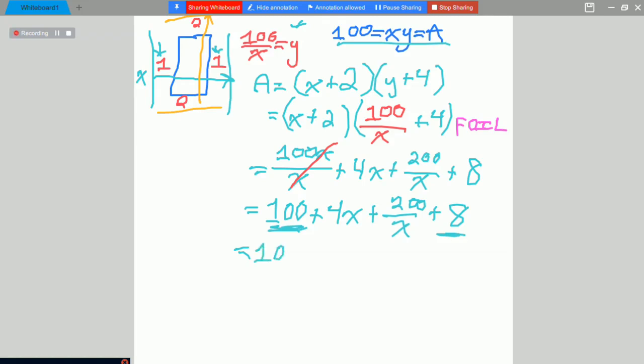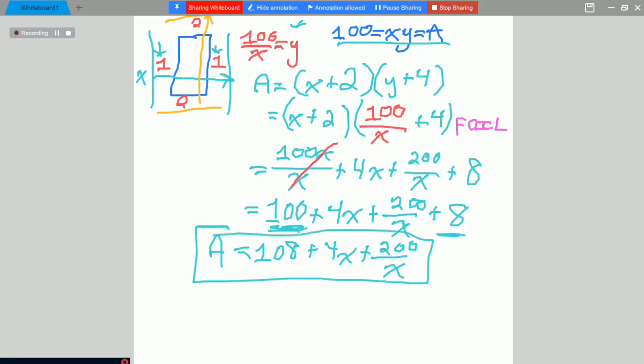You could get 108 plus 4x plus a 200x. Let me make sure I did my math right. Yep. So now that we have this, we're going to go ahead and we're going to get the derivative of this.